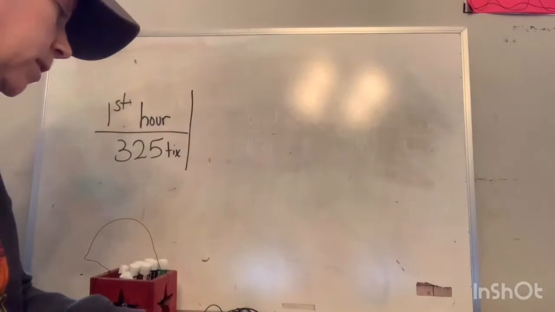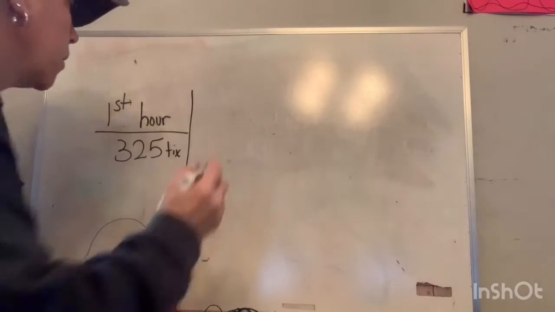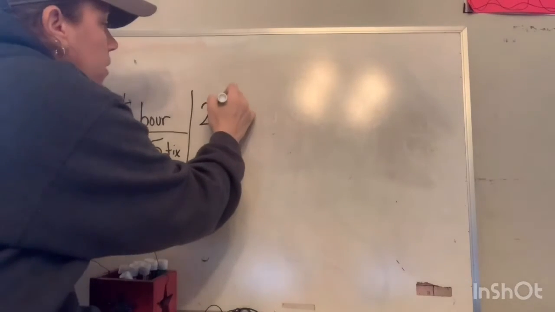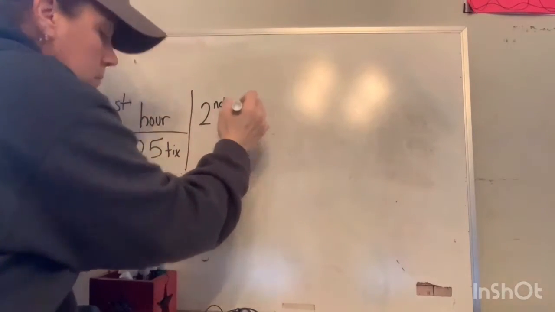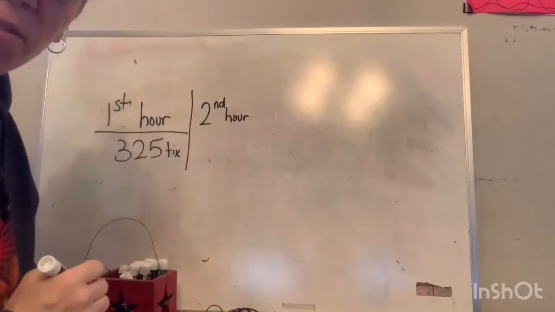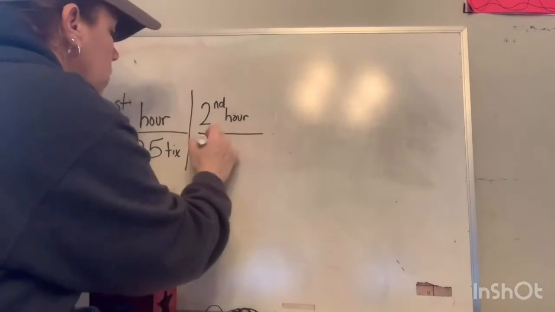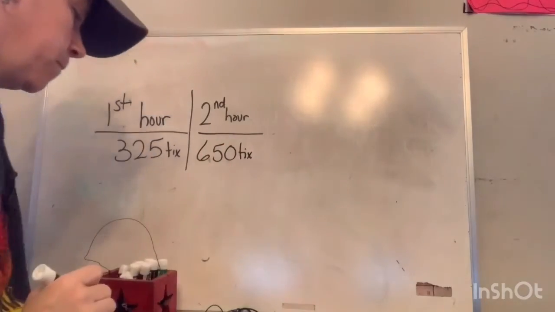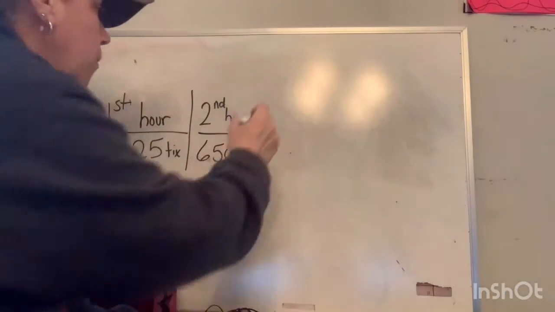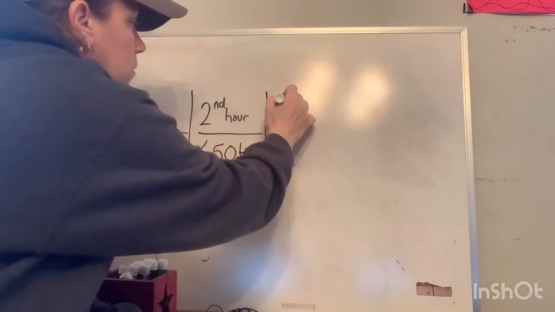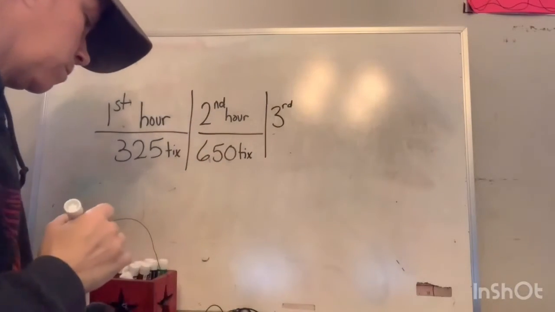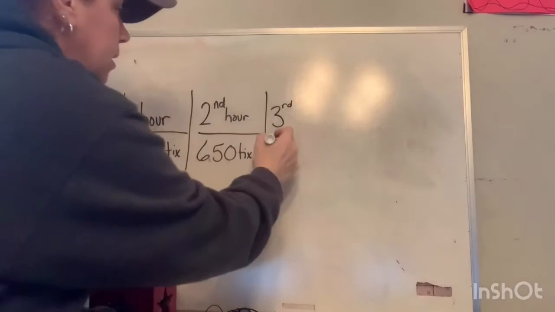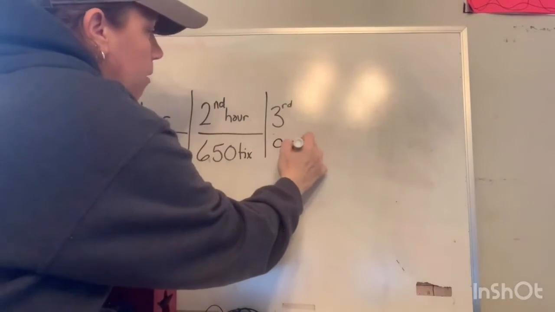Then it goes on to say, after 2 hours, so after the second hour, 650 tickets had been sold. After 3 hours, 975 tickets had been sold.